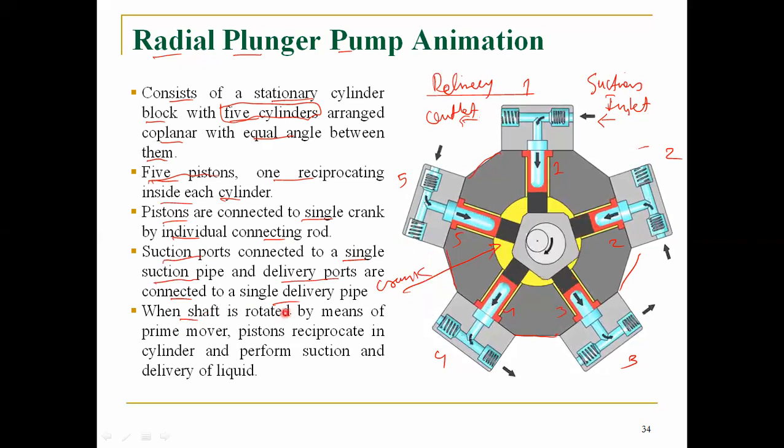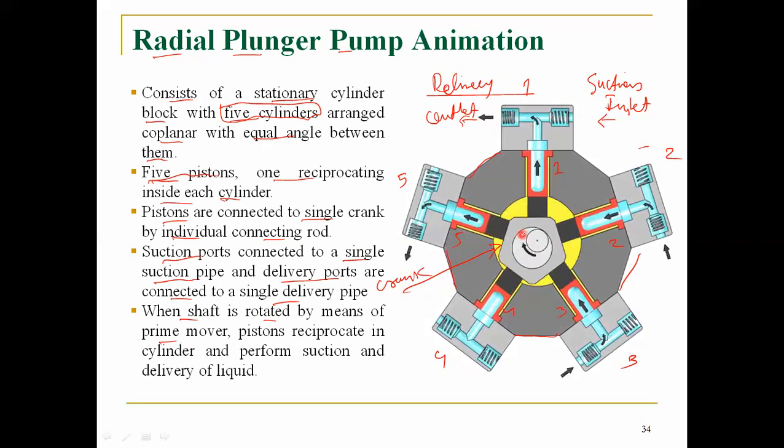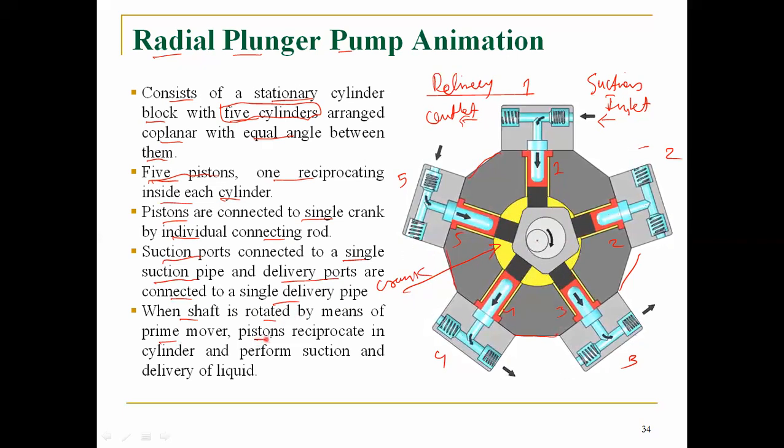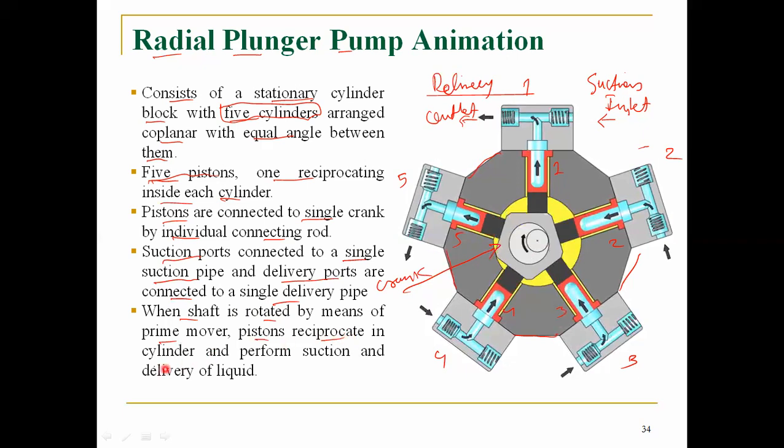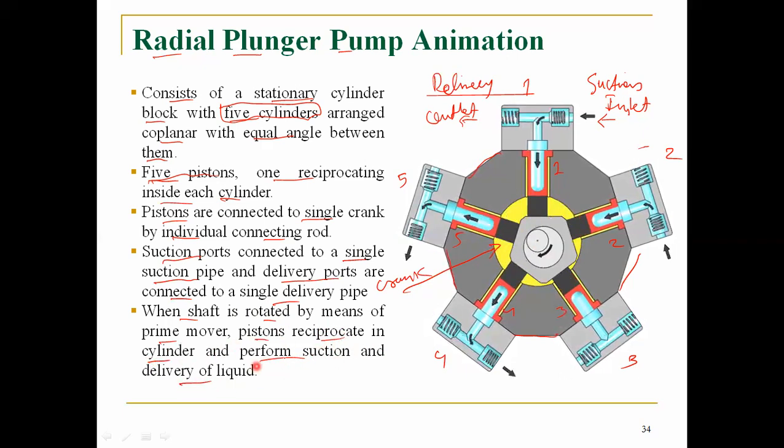When the shaft is rotated by a prime mover, here for moving the crank we are using the cam follower. When that moves, the piston will reciprocate in the cylinder and perform suction and delivery of the fluid.